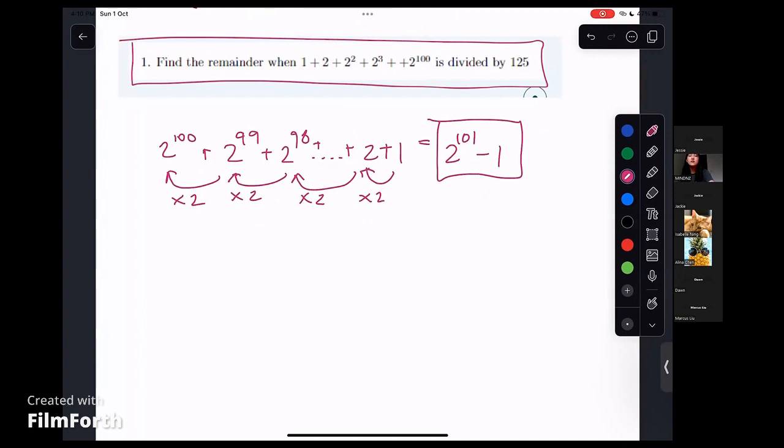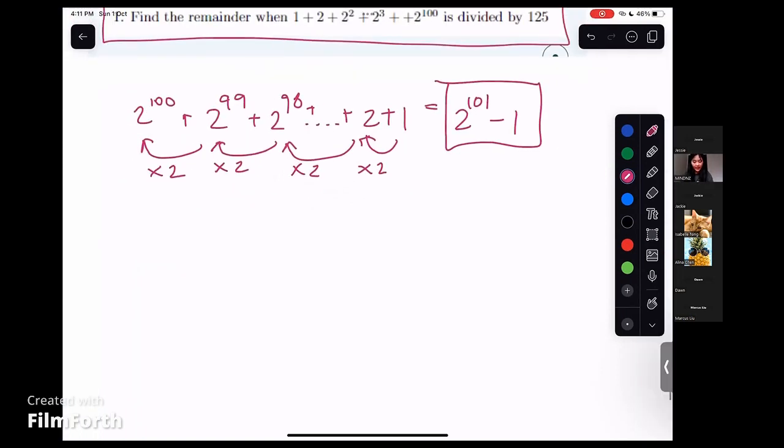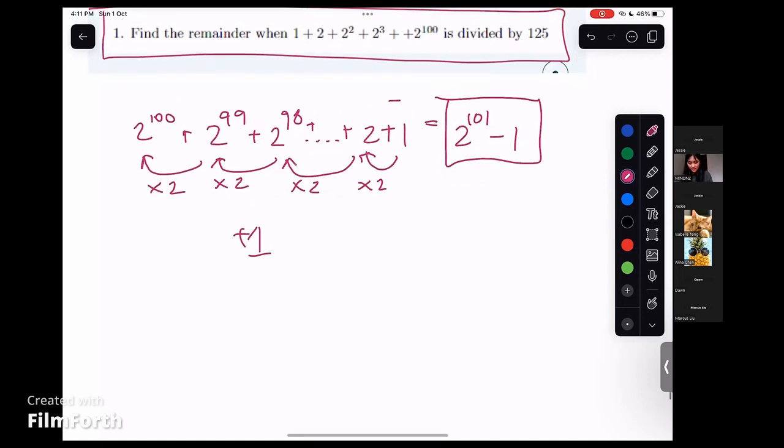If I add 1 to this side, it becomes 2, so I can cross this out and add 2 here. And then 2 plus 2 is actually 2 to the power of 2.